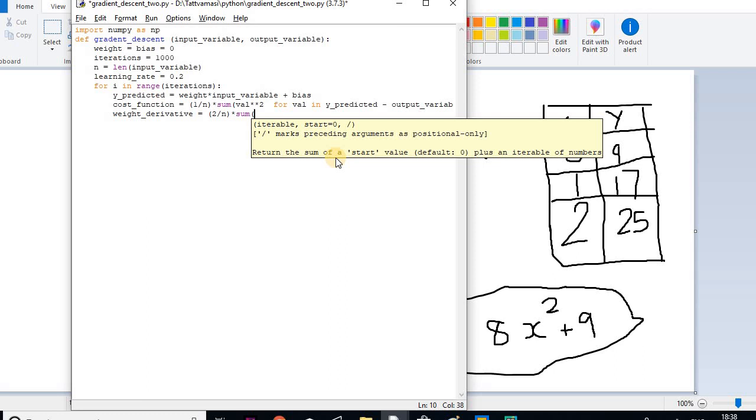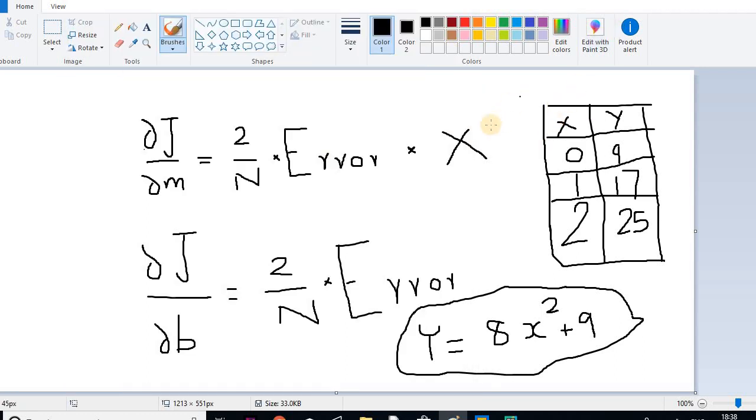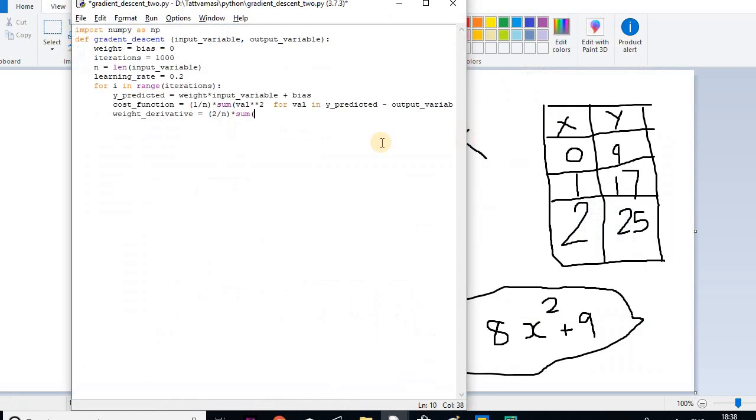Here you have to multiply with x, so this x stands for our input variable. So input variable into the error, that is y_predicted minus the output variable.